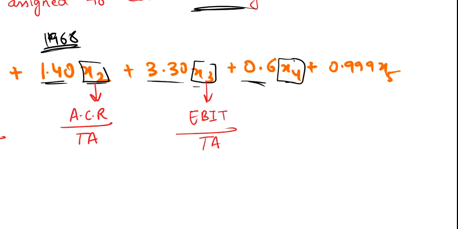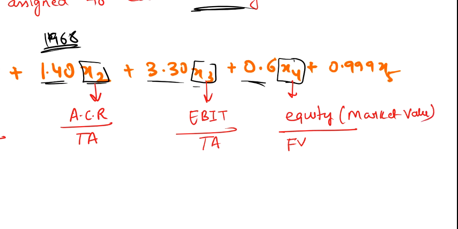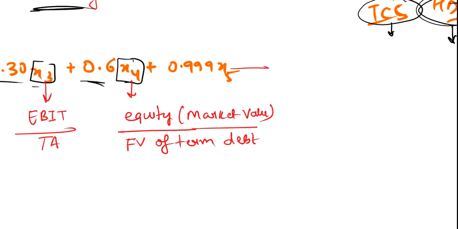X4 is equity market value divided by face value of term debt. And the last one is sales by total assets.